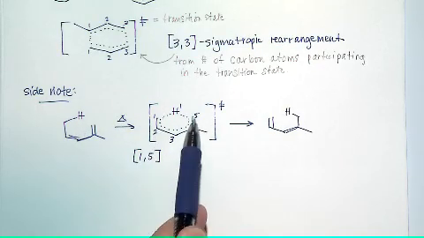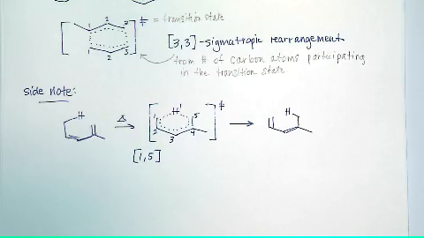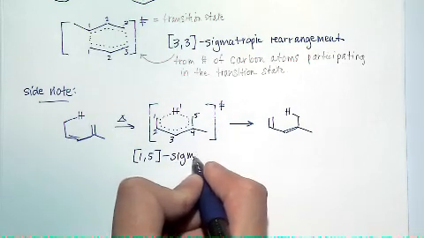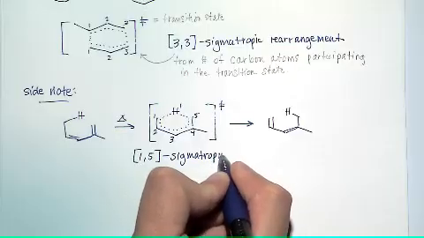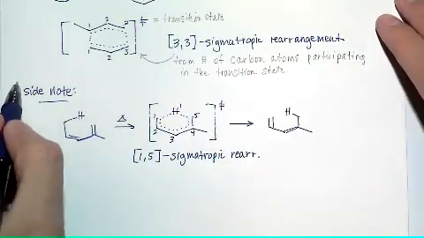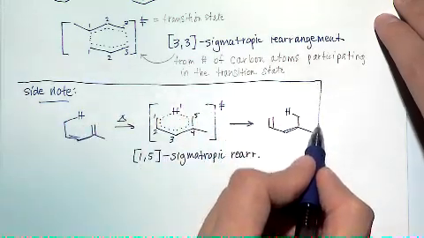And then the whole rest of the transition state is one continuous piece, so that's the 5. So 1,5 sigmatropic rearrangement.